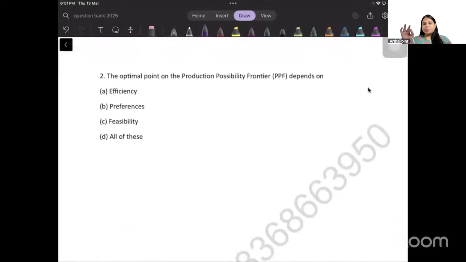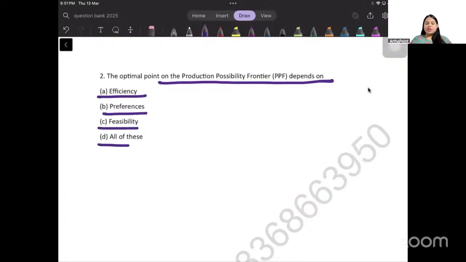Question number 2. Try to answer this question. The optimal point on the production possibility frontier depends on: efficiency, preferences, feasibility, all of these. Optimal point on production possibility frontier. Try to answer this question, beta.